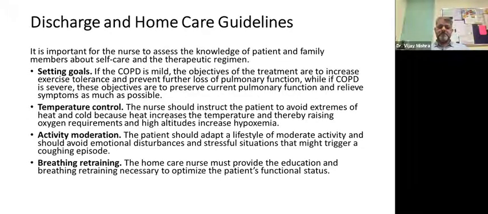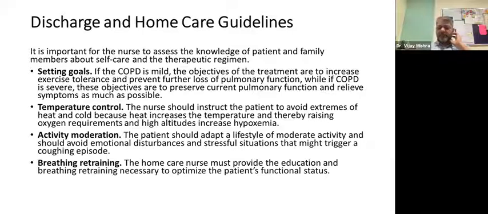Next. So once they are going home, we are setting some goals and giving them home care guidelines. If COPD is mild, our idea is to gradually help the patient increase exercise tolerance and prevent further loss of pulmonary function. If they are moderate or severe, then the goals are to protect whatever function the patient has and not let it get worse.